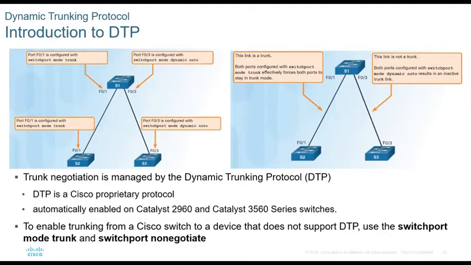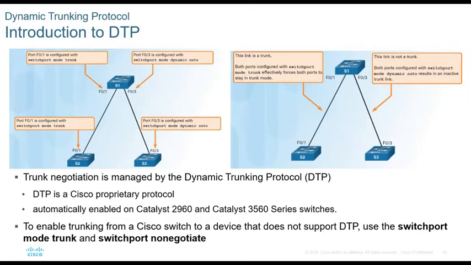For example, the line is supposed to be trunking, but you misconfigured it to work as an access in terms of mode. So malaki yung impact nun sa network. So be very careful when configuring trunk lines. Now when it comes to DTP, pag sinabi natin DTP, it stands for Dynamic Trunking Protocol.